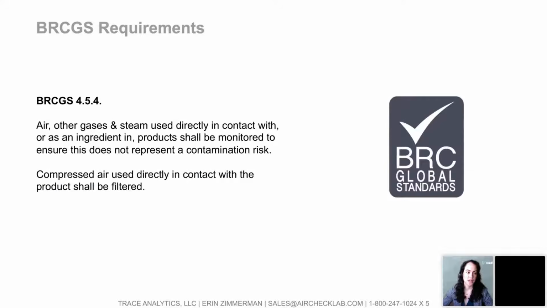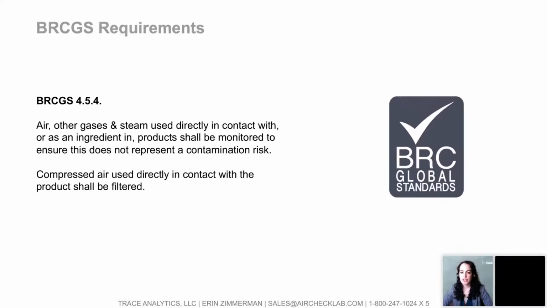Okay, and then next we have what the BRCGS says. So this is section 4.5.4. Air or other gases and steam used directly in contact with or as an ingredient in products shall be monitored to ensure this does not represent a contamination risk.